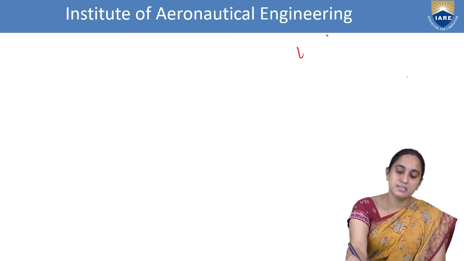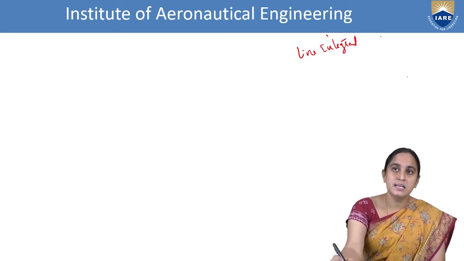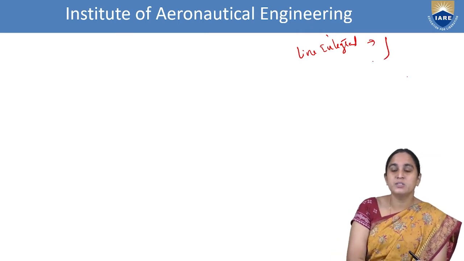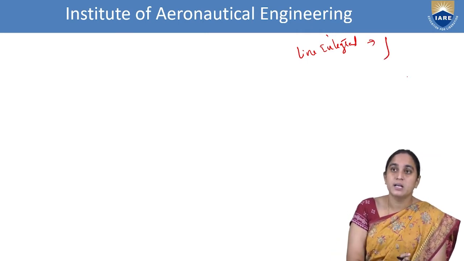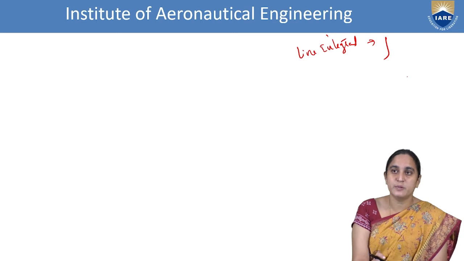Line integral means it is a single integral. That means if the given question is in terms of x, y, z, then we have to convert it into x or y or z, and then integrate with respect to either x or y or z. But what about the surface integral?